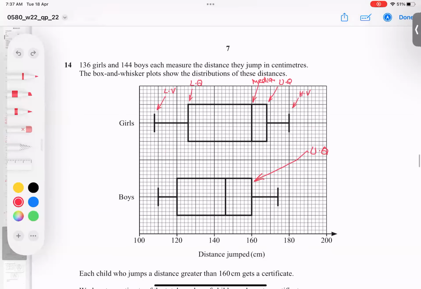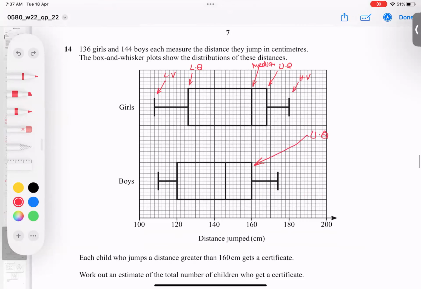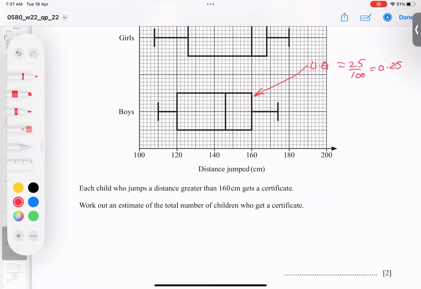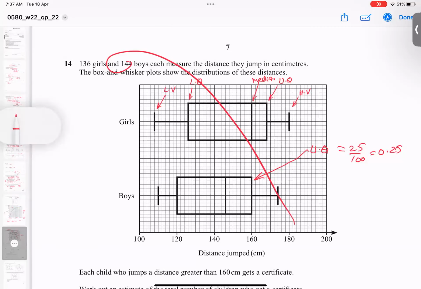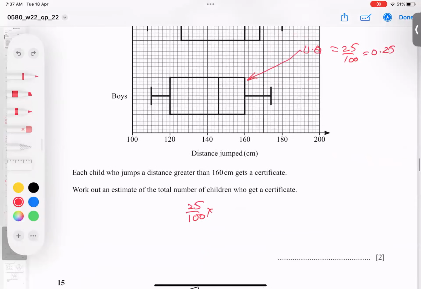So I'm finding 25% of 144. 25% means 0.25. Or I can find 25% of boys, who are 144.